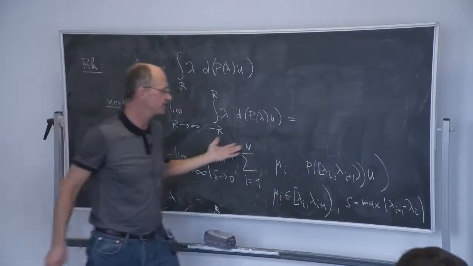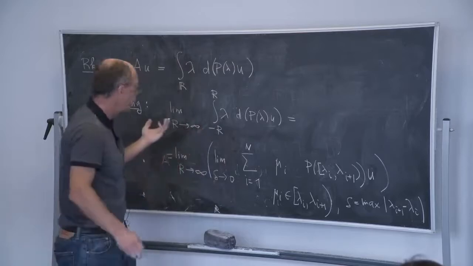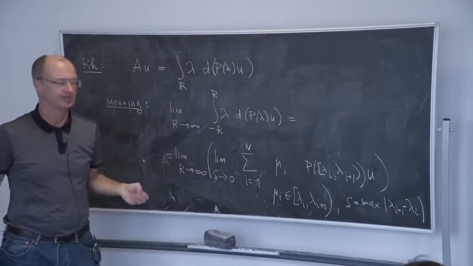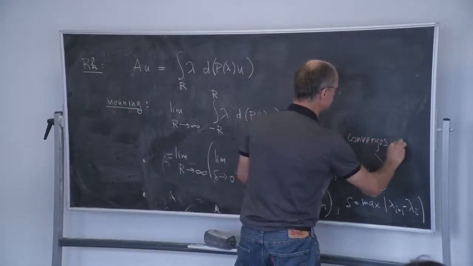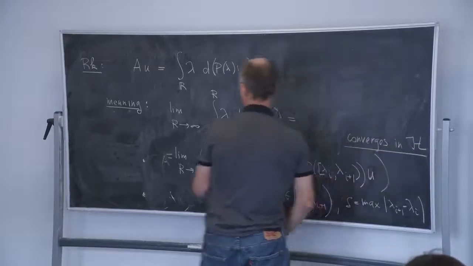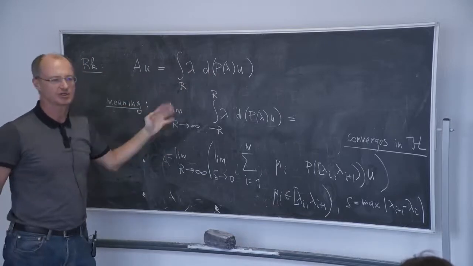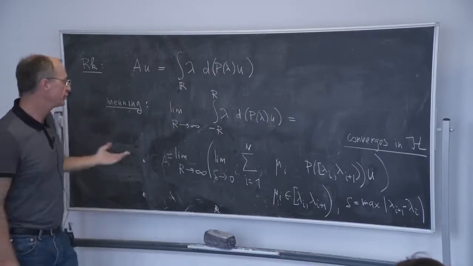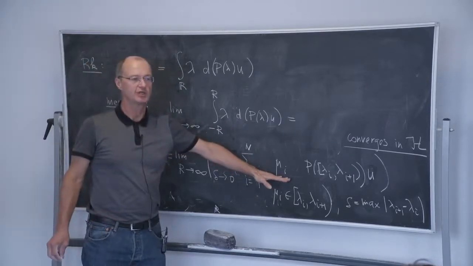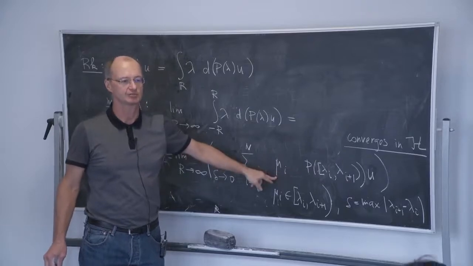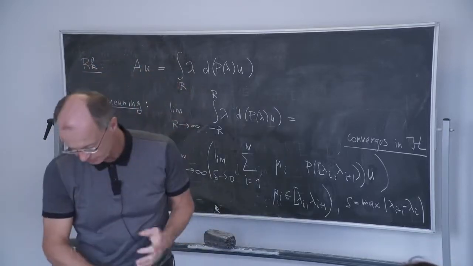And of course, the claim is that this whole thing now should converge. Converge where? In H, right? So this is just for you not to have it as an abstract symbol, but the construction behind it would be a Riemann integral. Note that we don't need a Lebesgue integral because we are integrating nice functions. For instance, here it's a linear function, right? So the Riemann construction is quite sufficient for that.